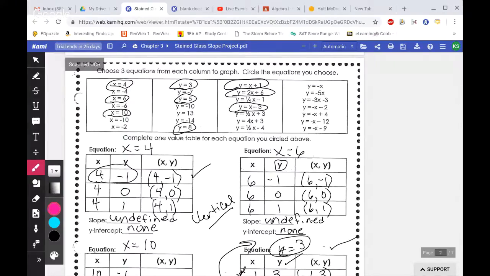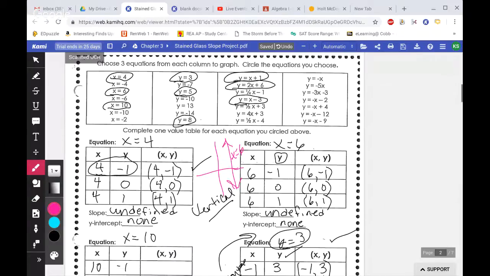It never touches the y-axis. If you're thinking about graphing it, it's a vertical line running through 6, so it is never once going to touch the y-axis, right?